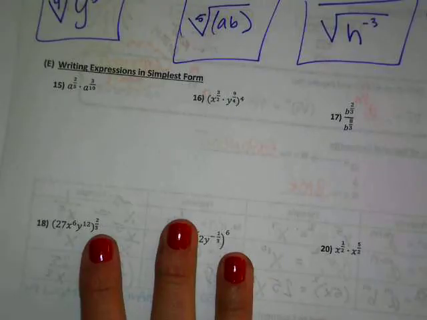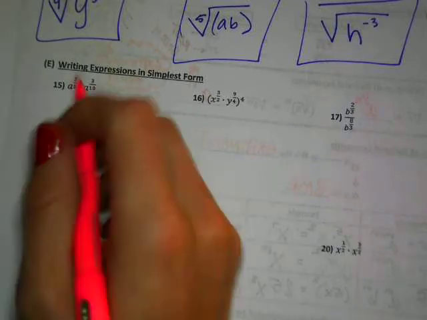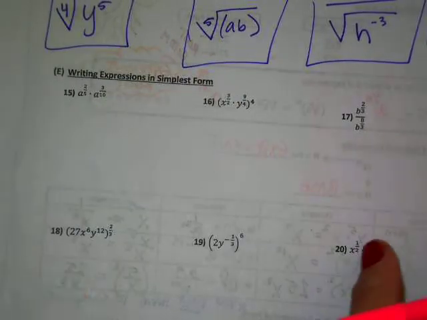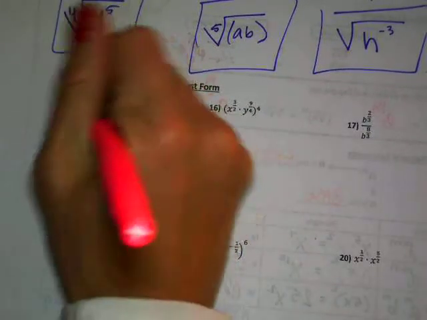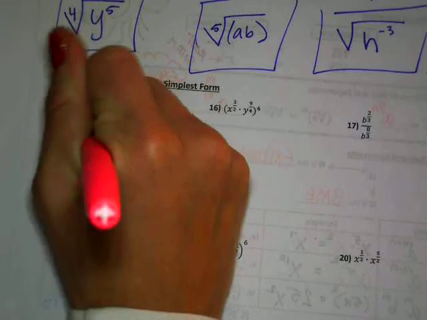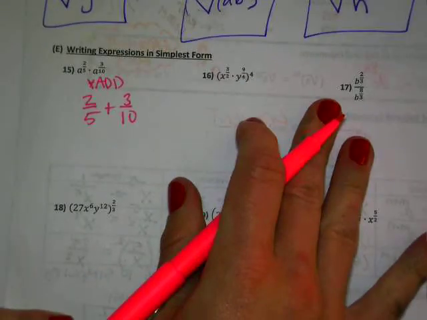All right, the last part here is writing our expressions in simplest form. So now we're going to use our properties. If I am multiplying, what do I do to my fractions? Add them. Very good. So I know I want to add 2/5 and 3/10. 7/10.